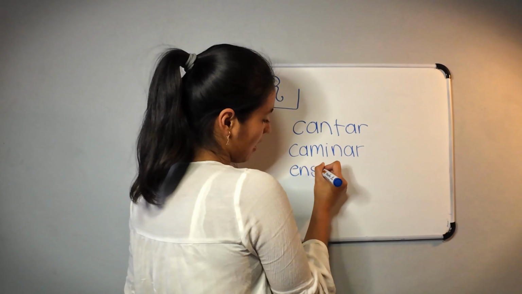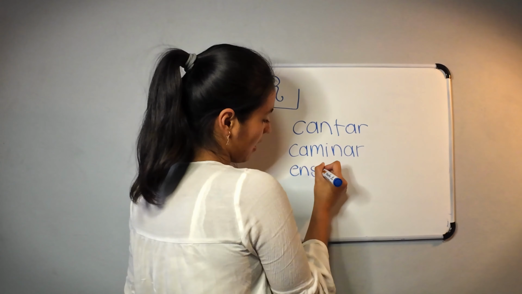Okay, so what's gonna happen? How are we gonna create this? Well, it's actually really easy. These ones belong to this one, so these are the pronouns, the endings, we have to use. The only thing we have to do is erase the ending, this AR. Yeah, just that. And then we're gonna add these endings. That's all you have to do.